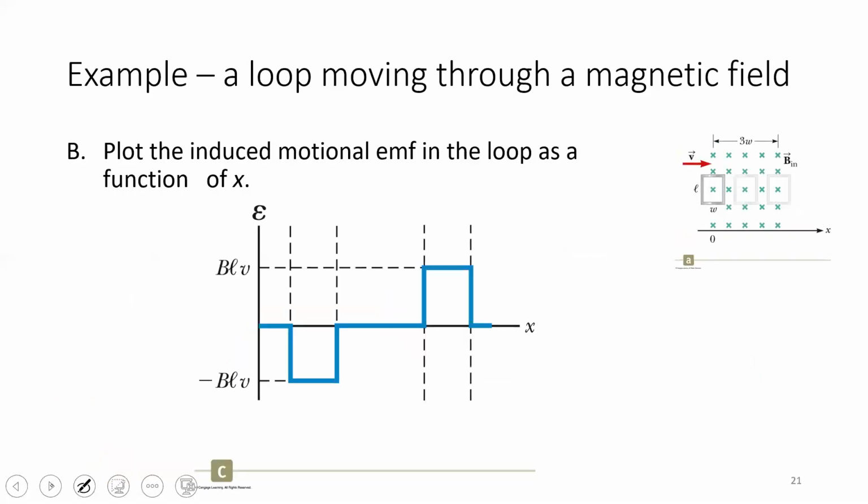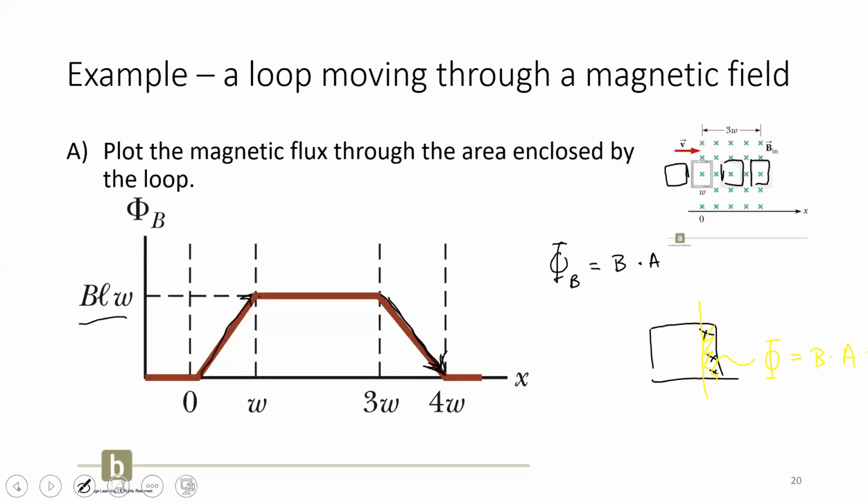Okay, so part B asked us to plot the induced motional EMF in the loop as a function of x. So let's go back to this. We want to look not at just phi, but at d phi dt. In this first region from 0 to W, as we're entering the region of magnetic field, we have a linear increase.